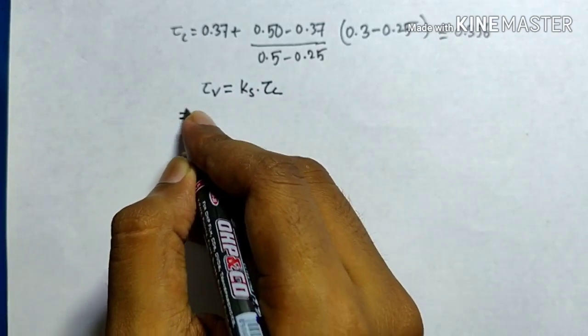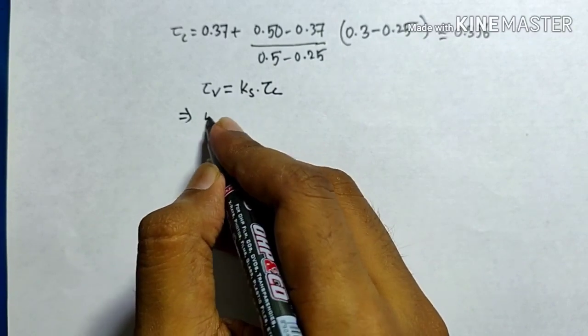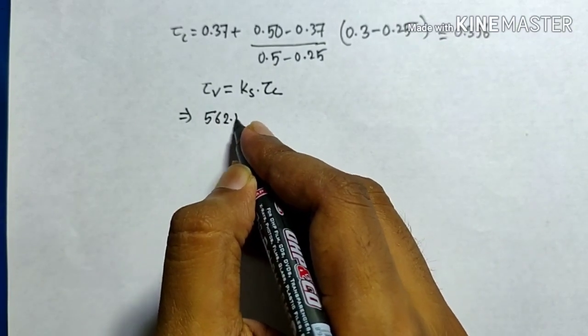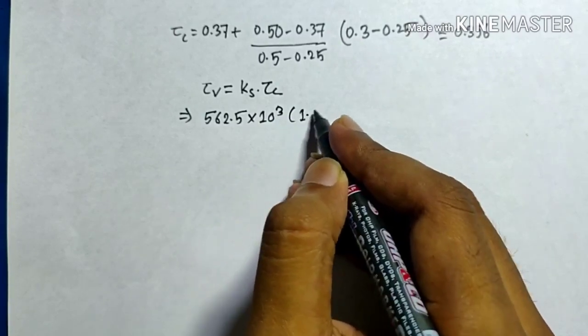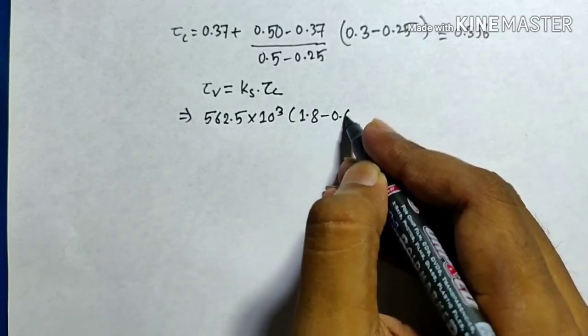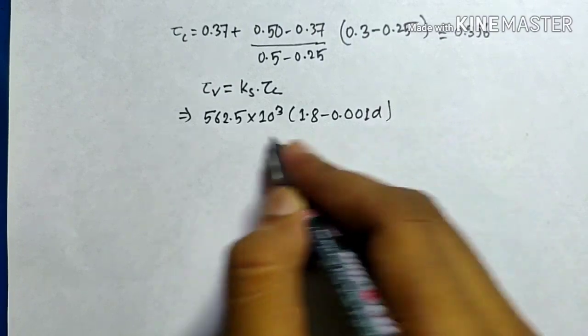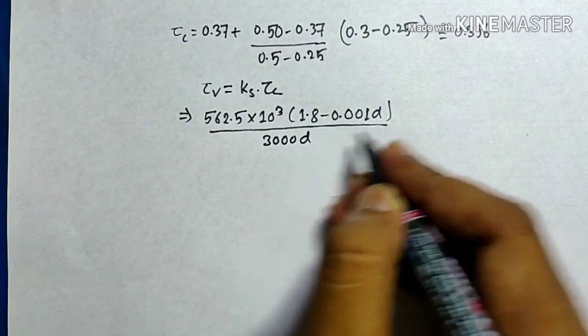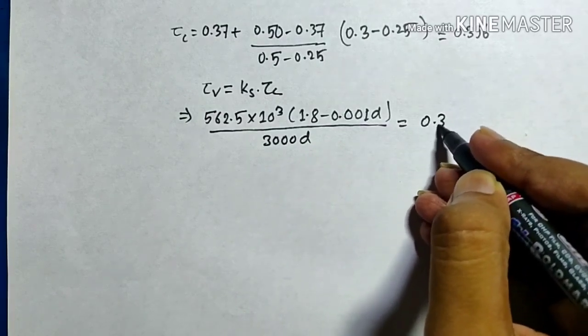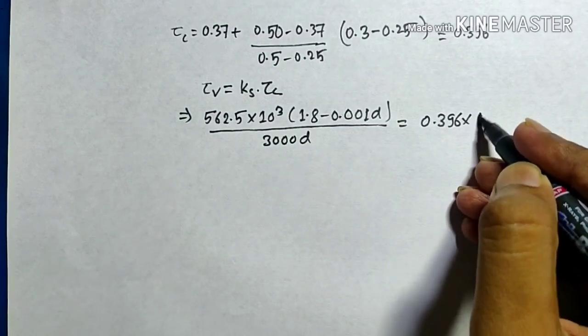So put the value of tau v, which is 562.5 times 10 to the power 3 times 1.8 minus 0.001 d, divide by 3000 d equals to 0.396 into 1.09.